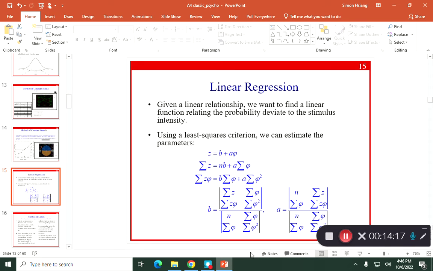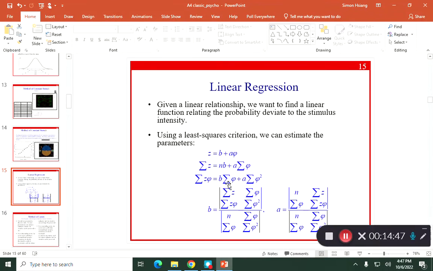The a term and b term have the same determinant in the denominator, which is n, summation phi, summation phi, summation phi square. And then on the top, you copy the same determinant except the part you're interested in.